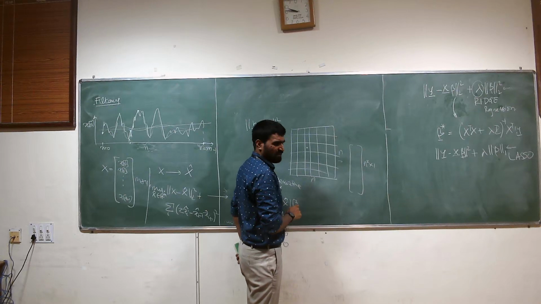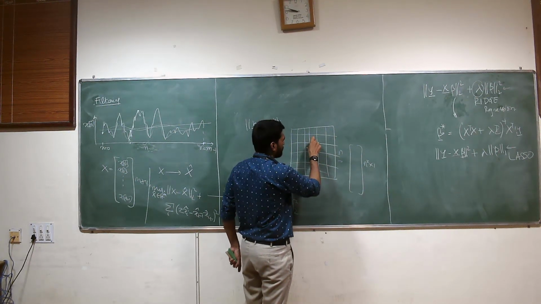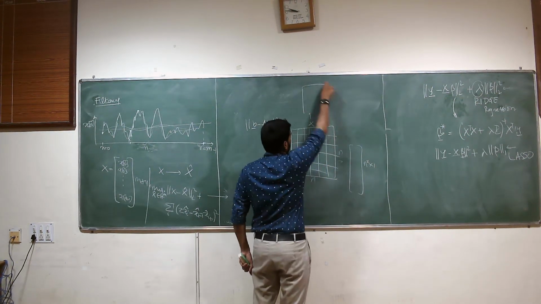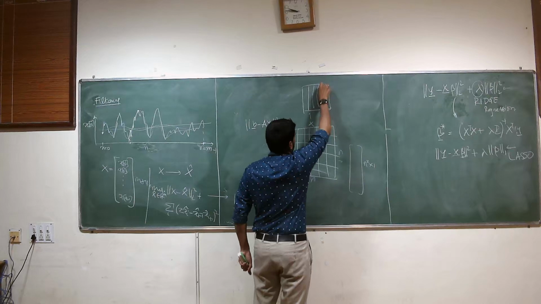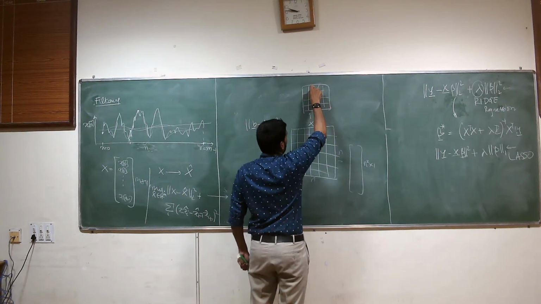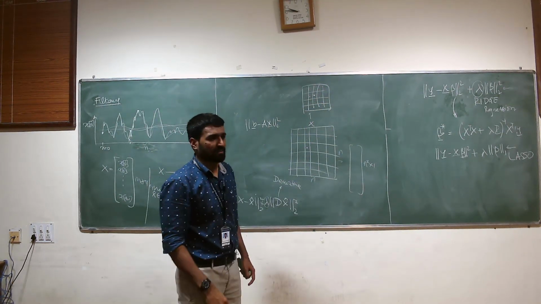If this is your current pixel, you'll say that the value of this pixel cannot be different from, well, this is my original image, x. I want to get a filtered image, right? Such that the value here cannot be very different from the eight values surrounding that pixel.